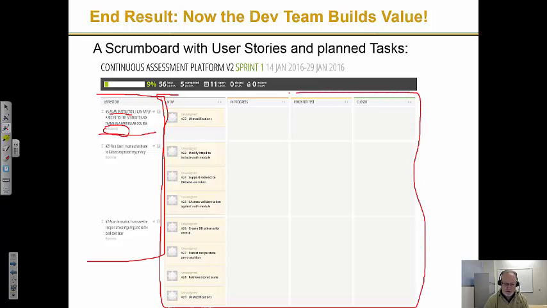Meaning the development team gets to create whatever task they need that they think works. If a task no longer seems to make sense, they delete it. If a new task makes sense, say I'm 2 weeks into a sprint and now I realize I need to do something else, you write the task and you put it on here. That is entirely the purview of the team.